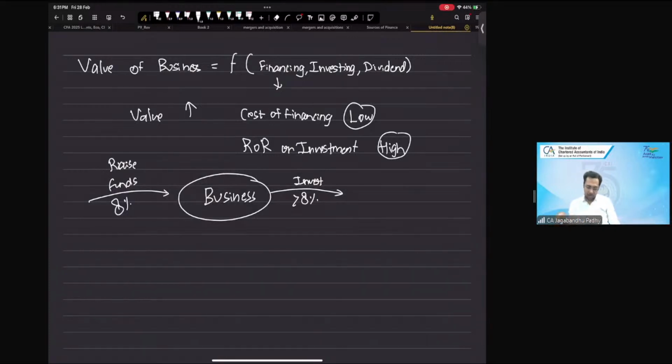Correct. What would happen if the business is getting funds at 8%, but investing it at 6%, a rate lower than 8%? Can I say the business may not show losses, because ultimately losses are shown by way of accounting? But can I say value will decrease?